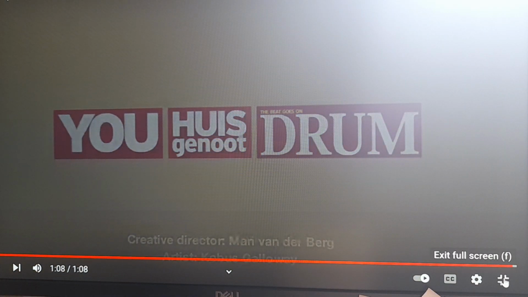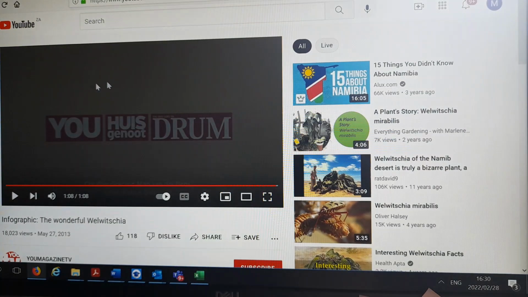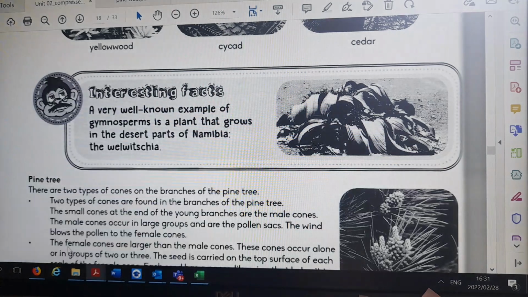I hope you have enjoyed the clips to see the welwitschia plant, which is a very well-known example of gymnosperms. We have seen a rough video of it.